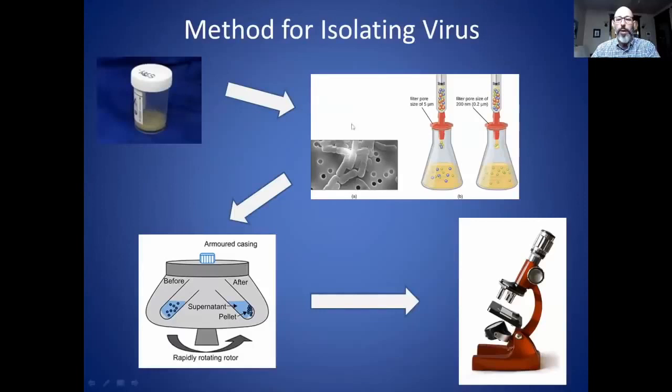And what you do is take that fluid and you put it through very, very small filters. And this accomplishes what I described earlier, that separates out the tiny little particles from any bacteria. In this photograph here, these big rods are actually bacteria, and the little dots are supposedly viral particles. So putting them through this filter, you leave the bacteria behind and just collect the little particles, little dots, in the filtrate.